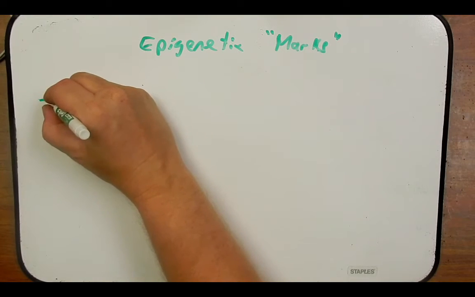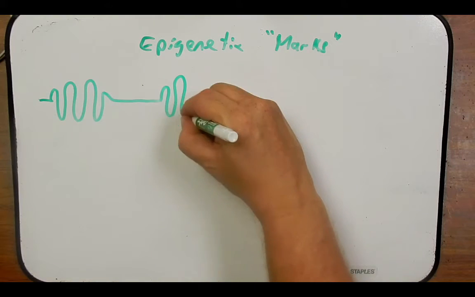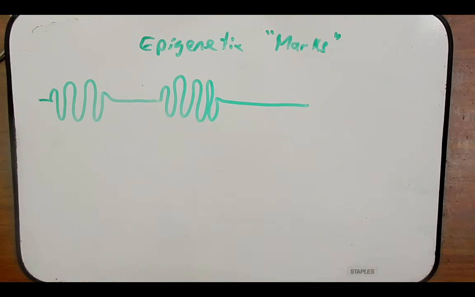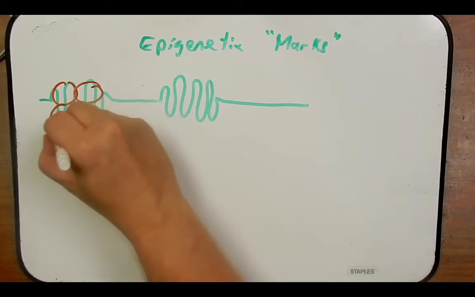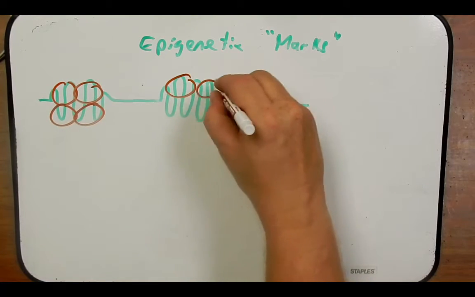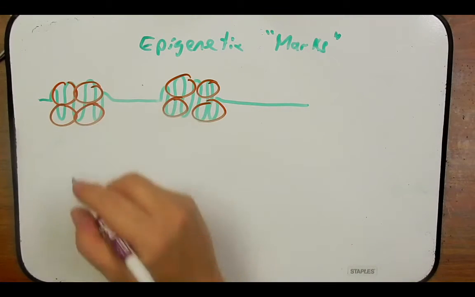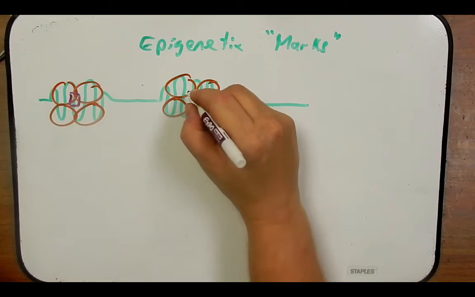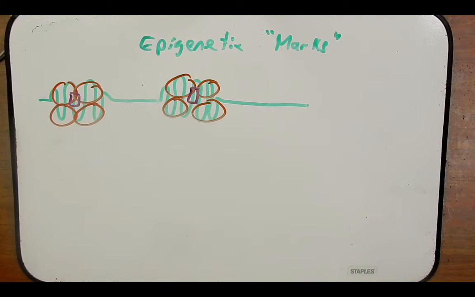So remember, we talked about the genome being the chromatin, that is, in areas of heterochromatin, being wrapped up into these nucleosomes. And if there are genes found within this heterochromatin, they would not be accessible to enzymes.